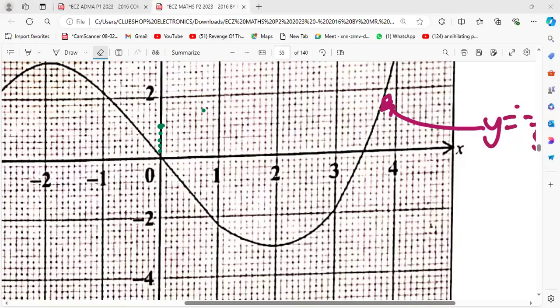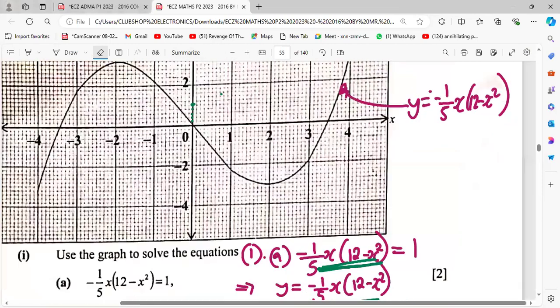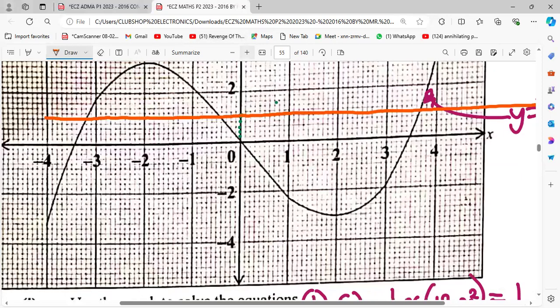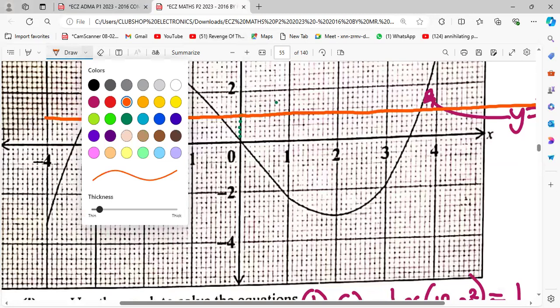Yes, sir. Okay, so at that point you must draw a line passing through that. With your ruler, draw a line passing through this point all the way, taking note of the points of intersection. In this regard, the first one, they are meeting here.